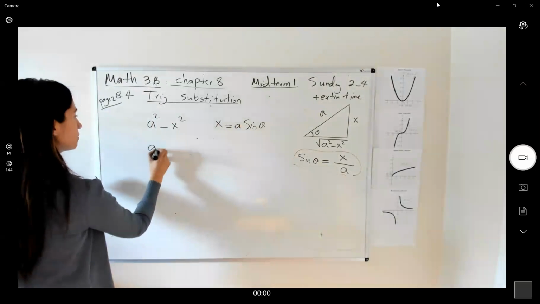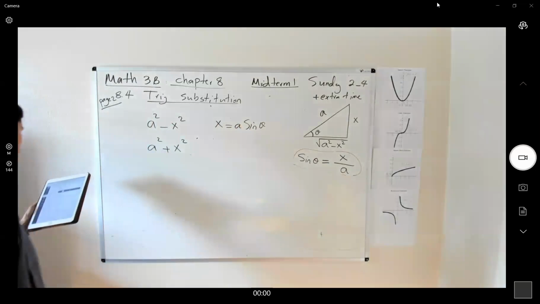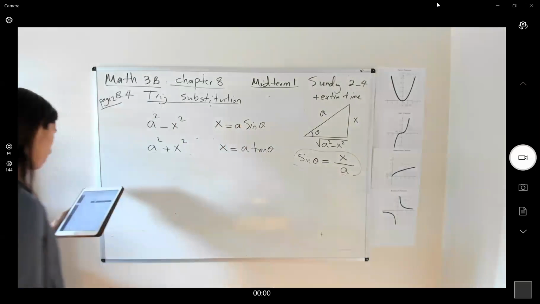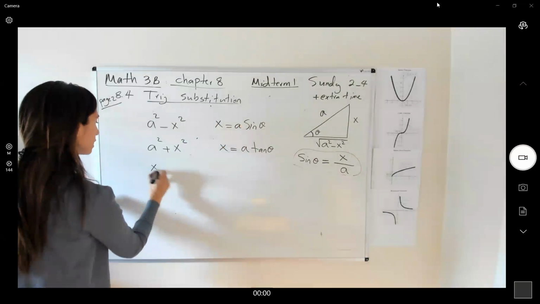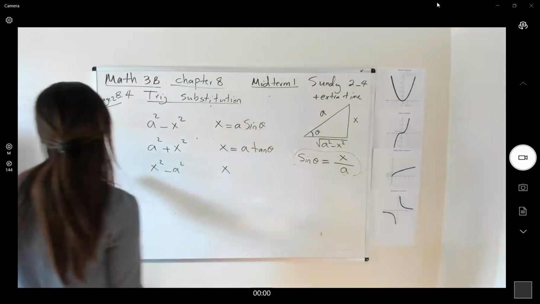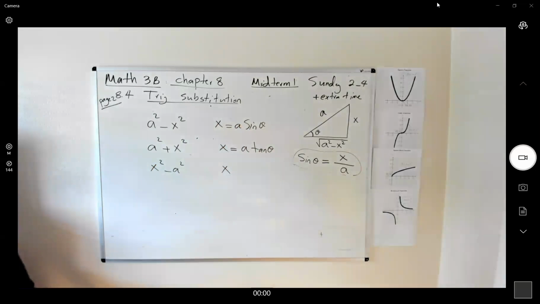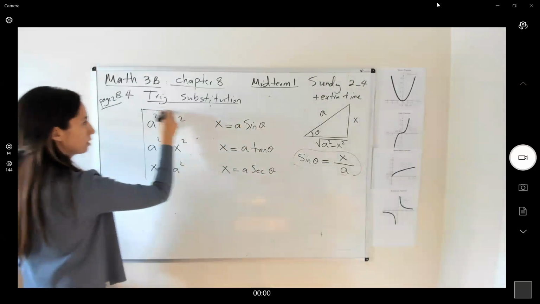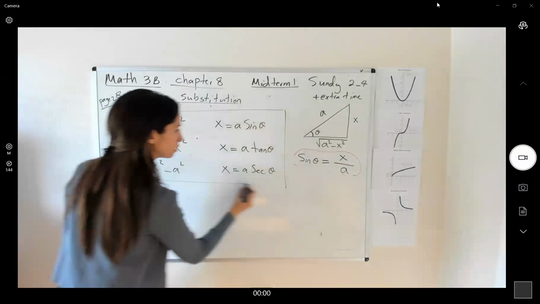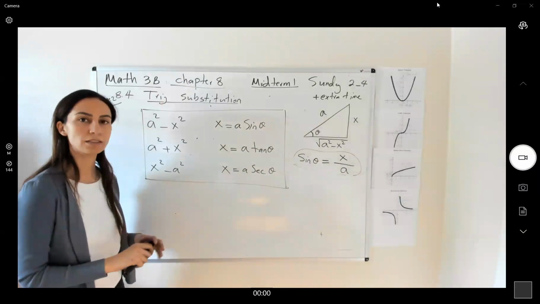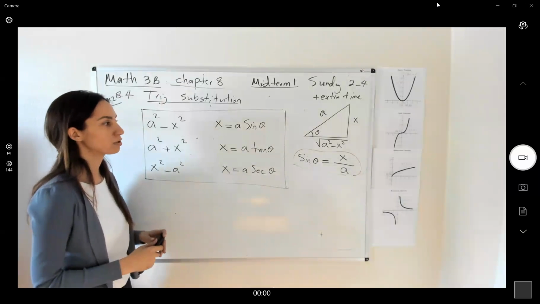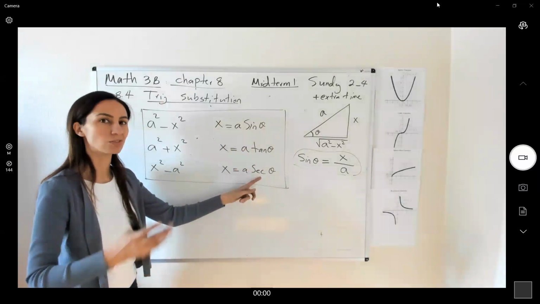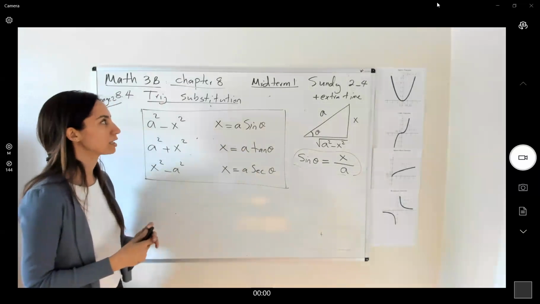When you have a squared plus x squared, the substitution is x equals a tangent theta. And if you have x squared minus a squared, the substitution that you can use is a secant theta. Then, as I've shown you in previous examples, you can just simplify your integral, and by converting them into sine, secant, which is 1 over cosine, and tangent, you can take those integrals.